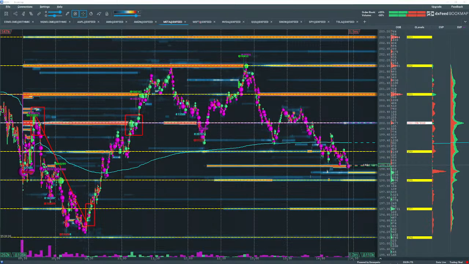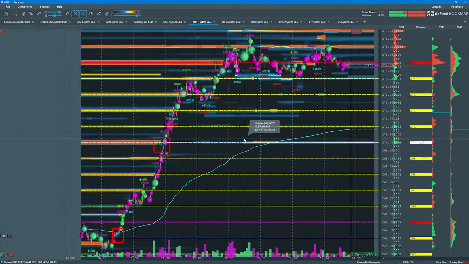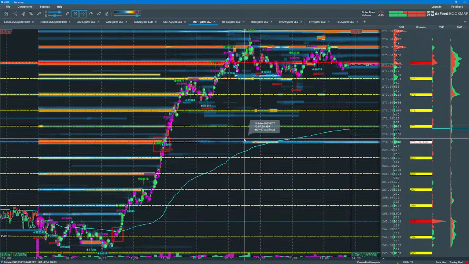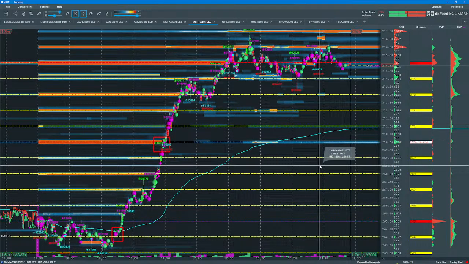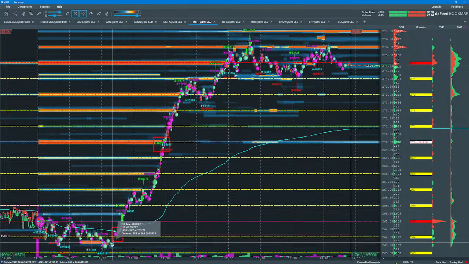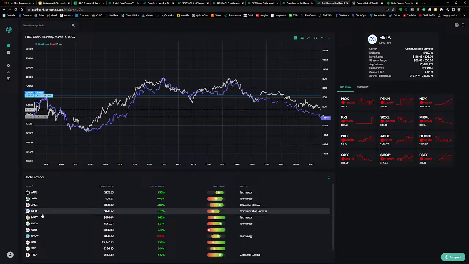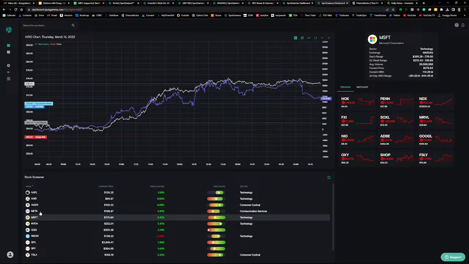Let's take a look at Microsoft. And somewhat similar to Meta, a little bit of a chop, a little bit of a drop down in the morning. And remember yesterday, Microsoft led the way higher, and then it took a while to get going on Microsoft. Let's take a look at Hero for Microsoft.